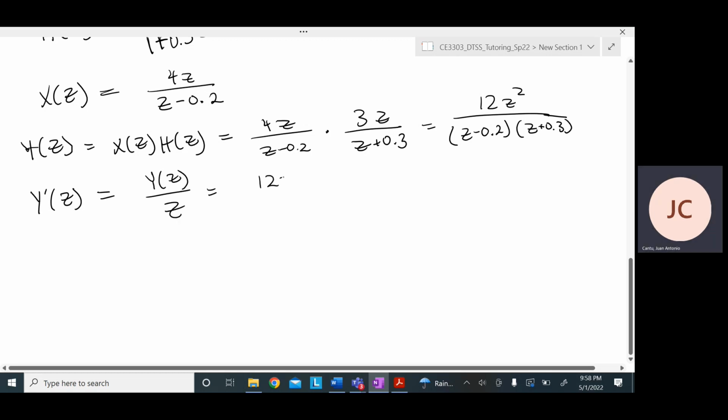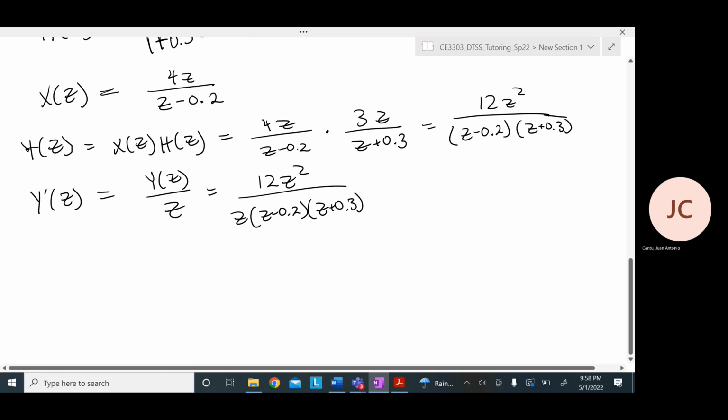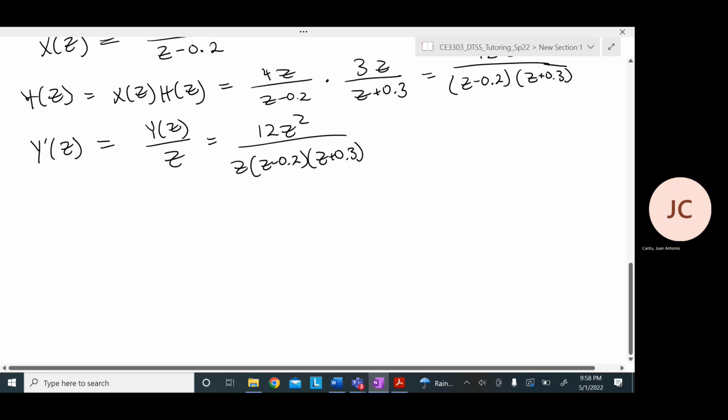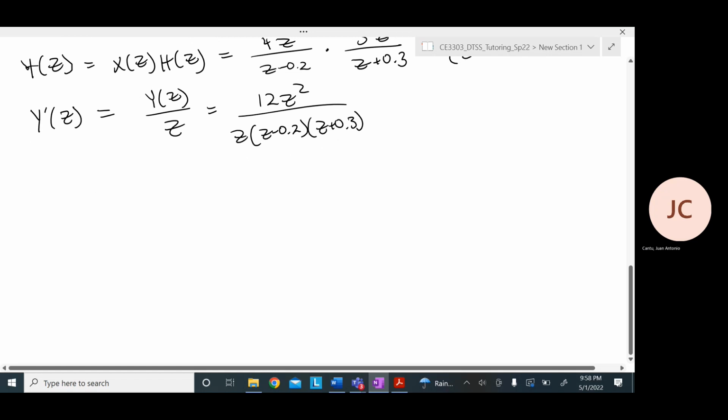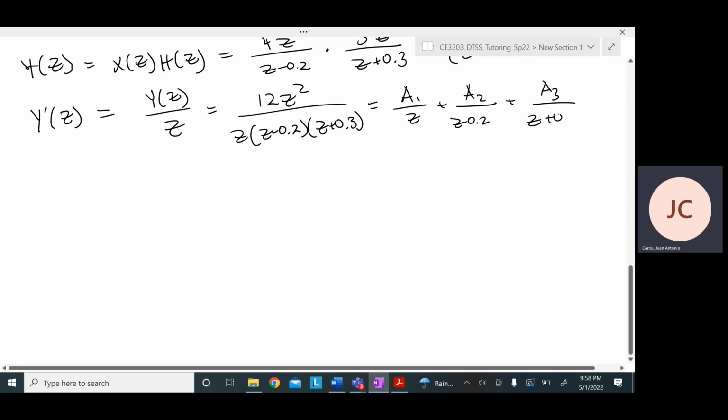So we'll get 12z squared over z times z minus 0.2 times z plus 0.3. So from here, we'll have, remember, A1 over z plus A2 over z minus 0.2 plus A3 over z plus 0.3.